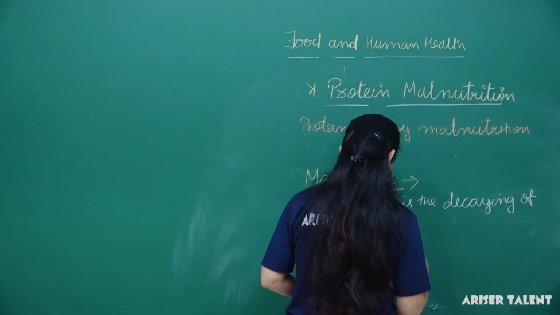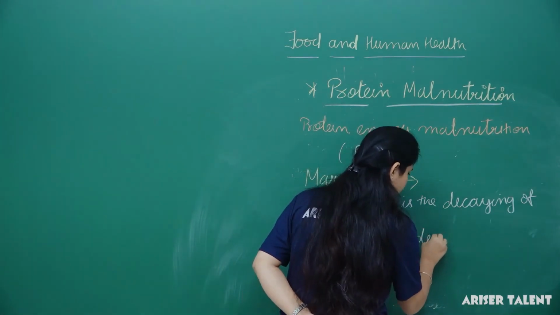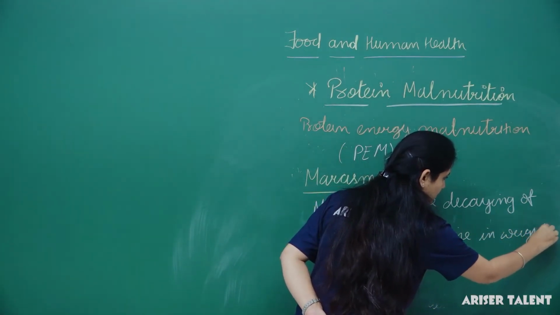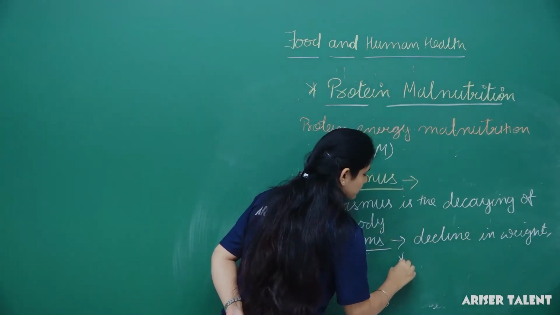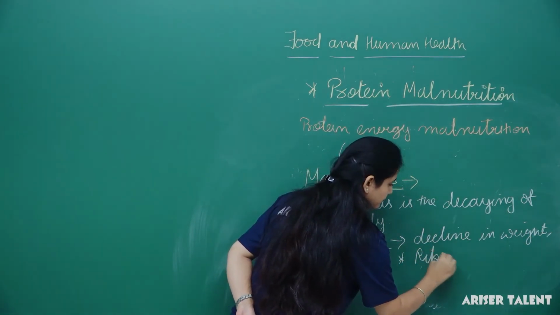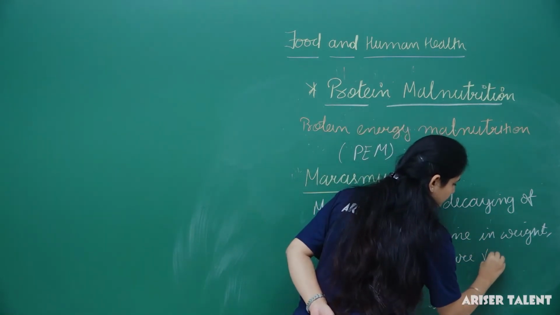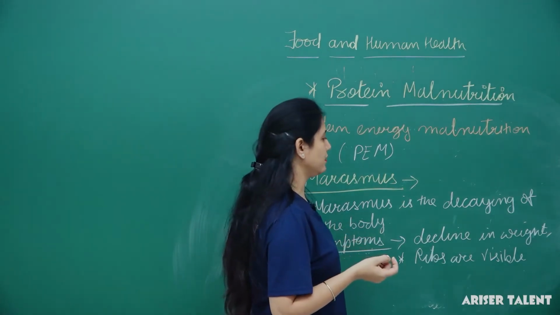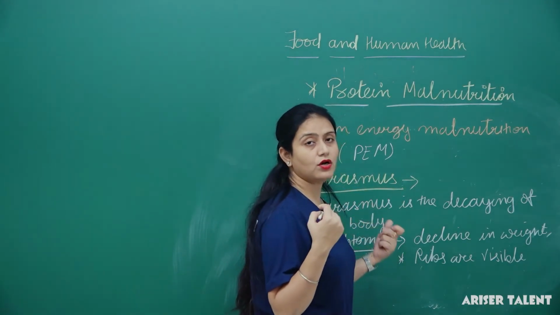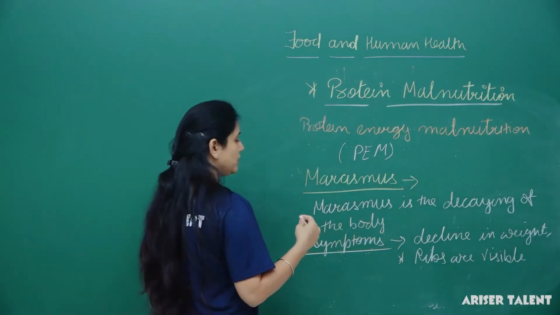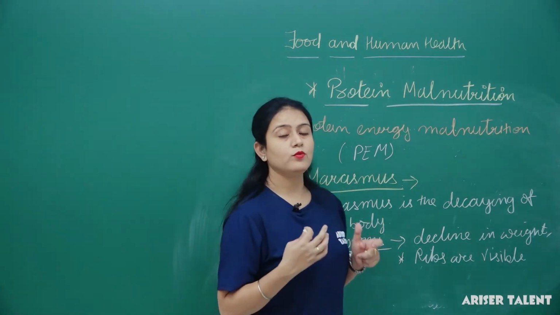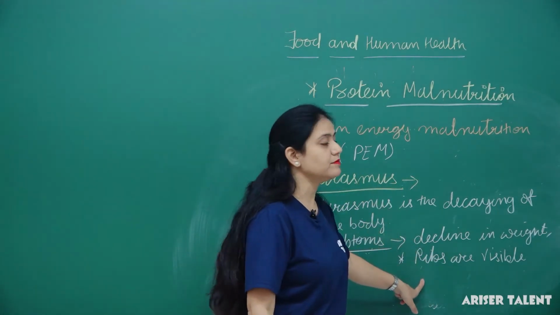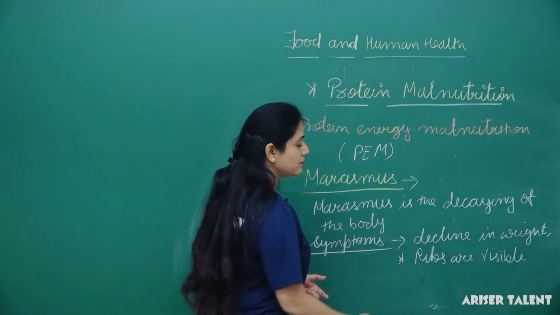Symptoms are decline in weight, ribs are visible, as well as I must say that the color of hair and skin changes. So these are the symptoms of marasmus, in which the muscles do not grow and they get damaged. This is the reason that the ribs are visible.